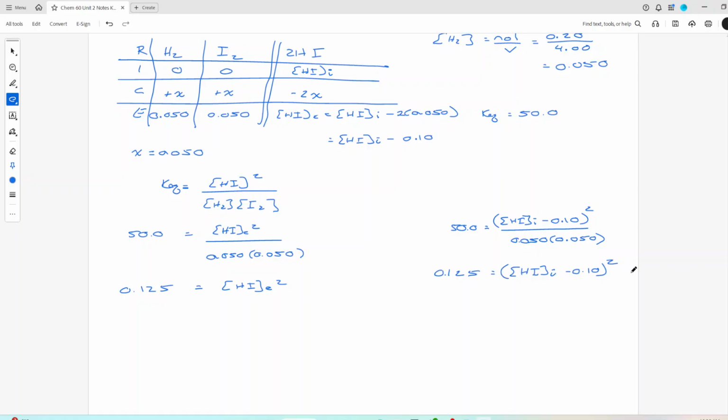So the next thing we're going to do is take the square root of that, which gives us this big long decimal. So 0.3535 dot dot dot. And then same thing for this one.